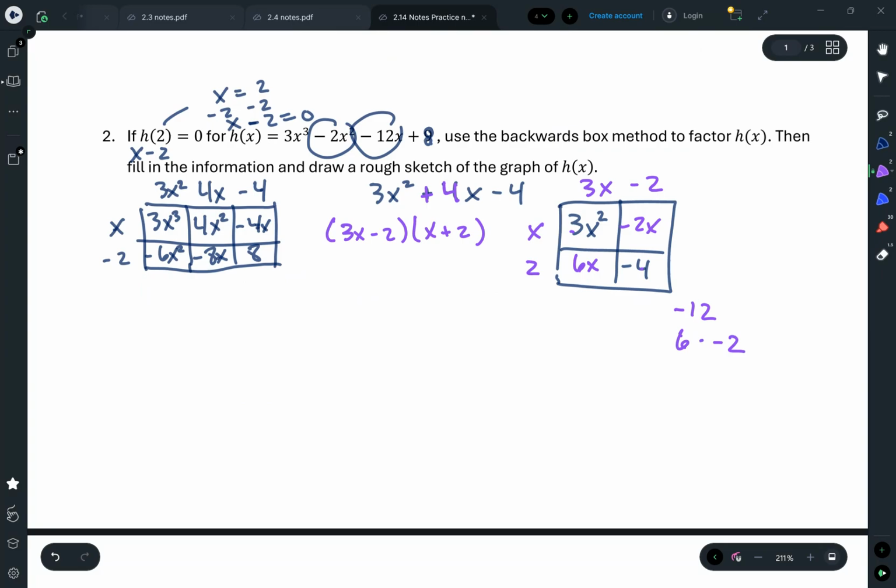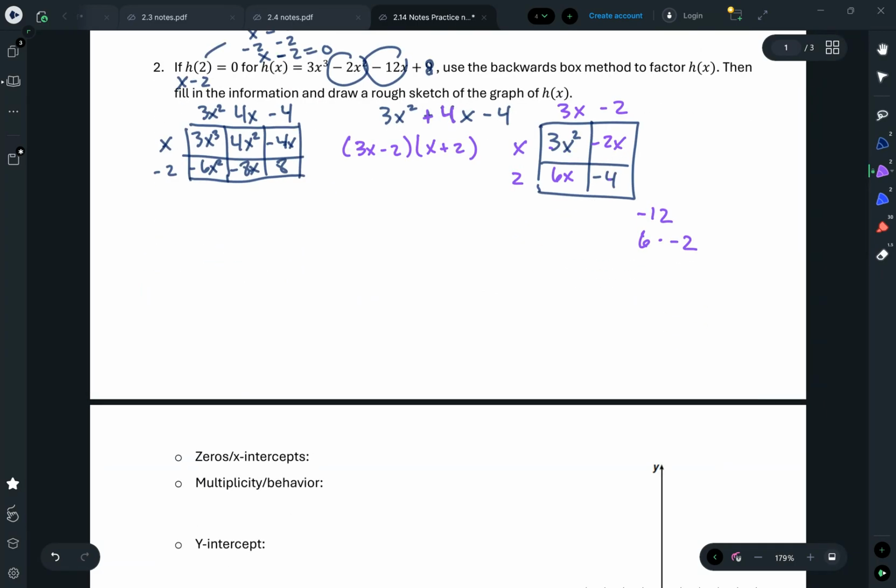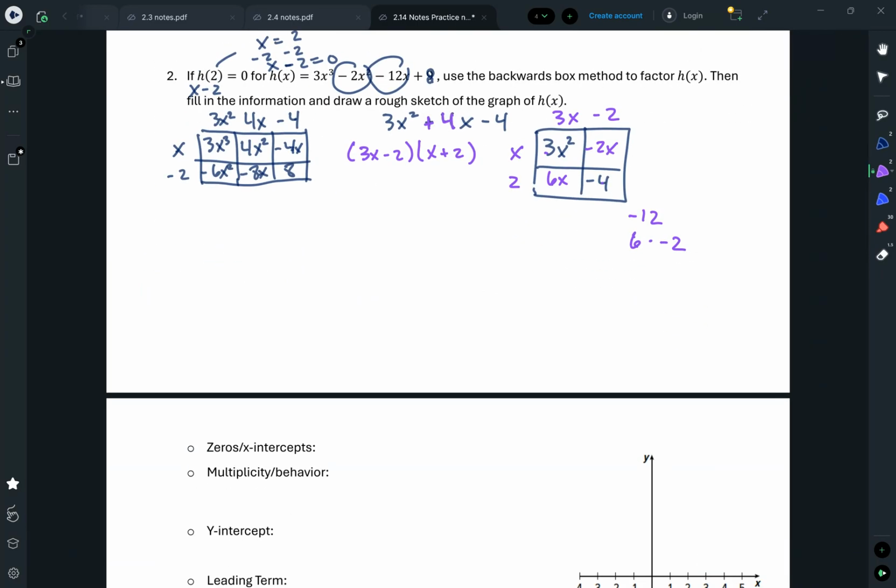And then when I switch to my next page, it means my zeros would be, let's see, 2 comma 0. I'm writing x-intercepts. This 3x minus 2, if I have to go through and solve it, that would be 2/3, 0.